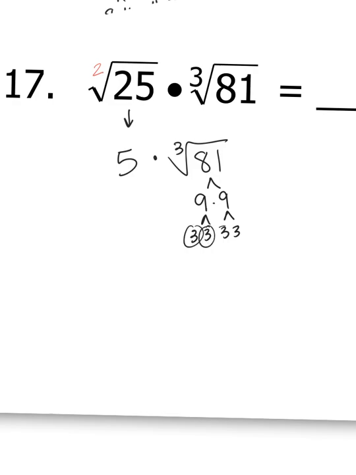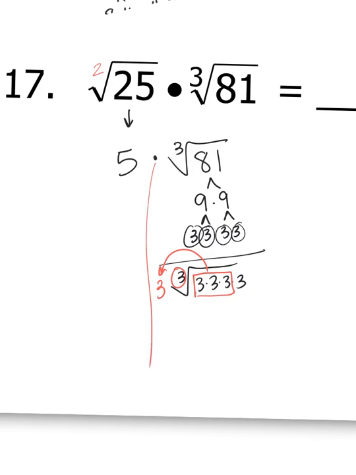So that means that this piece could be rewritten as the cubed root of 3 times itself 4 times. And since I'm looking for a cubed root, I'm allowed to take out groups of 3 for my answer. So far on the right-hand side, I've got 3 times the cubed root of 3. Now, if I bring down that 5, I'm multiplying that.